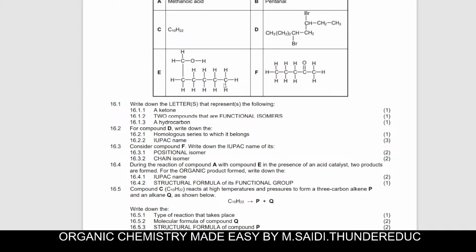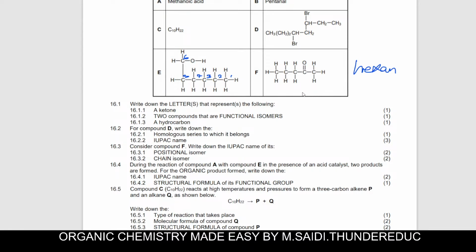Look at this. If you are to count, you're going to count by saying this is 1, this is 2, this is 3, this is 4, this is 5, this is 6. There is no branch there. There is no branch there. So it becomes 1, 2, 3, 4, 5, 6. So 6 is hexane.